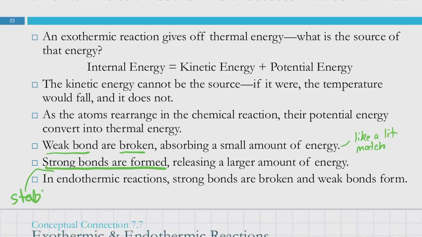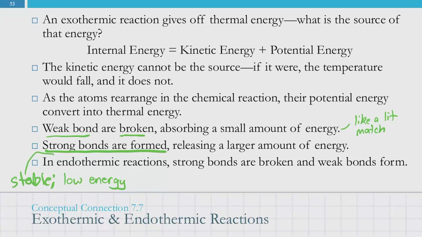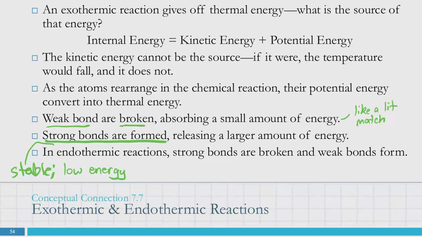Strong bonds are stable, and stable things are low in energy. So we break the bonds, we separate the molecules, and they've got relatively high energy. Now we've added some energy in, so they're in this high energy state. When they reform those bonds, they're settling into a low energy state. And that extra energy is then emitted. This probably feels very unintuitive for most people.